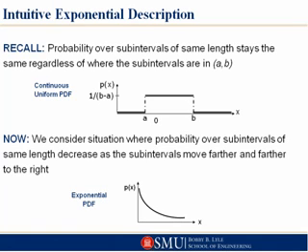Some examples of random variables that follow this type of distribution might be the time until the next call comes in. If you're talking about an operator or a call center, what's the probability associated with the time before the next call comes in? If calls are coming fairly frequently, as the time between calls gets quite large, you would expect the probability associated with that to go down.